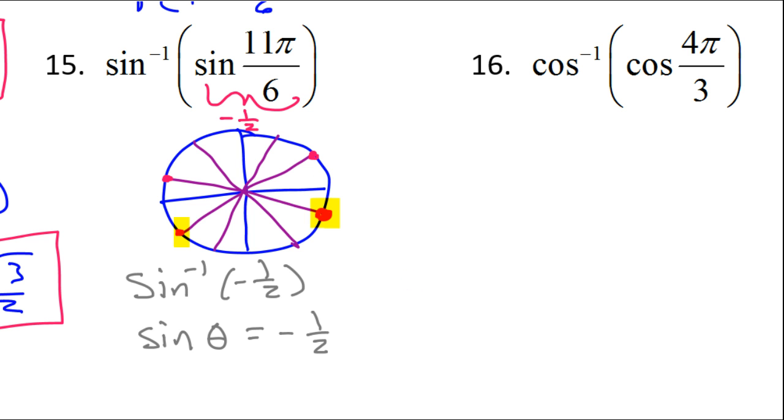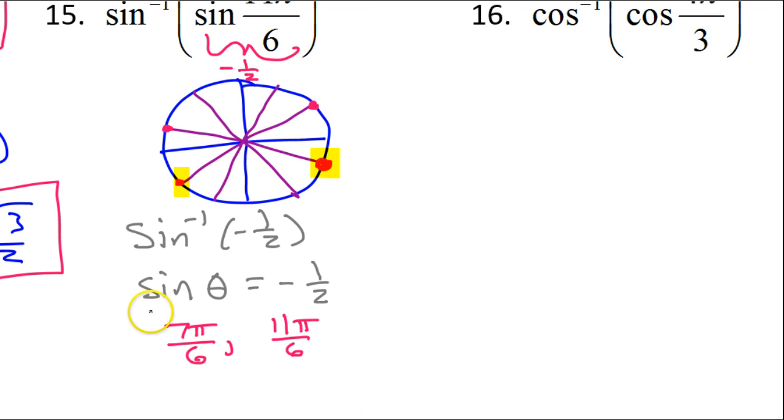And they are, starting with this one, that's 1, 2, 3, 4, 5, 6, 7 pi over 6. 8, 9, 10, 11 pi over 6. Alright, that 11 pi over 6 we knew from the beginning. Okay, but we didn't know the 7 pi over 6, so we had to go ahead and do a little bit of extra thought there.